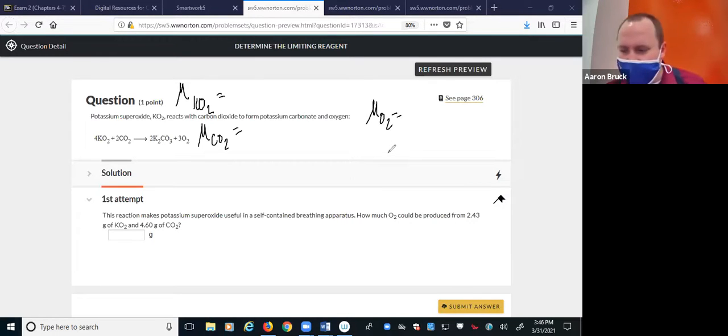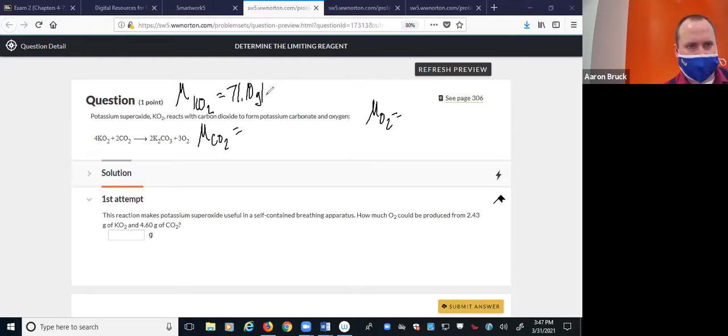For KO2, potassium is 39.1. Oxygen is 16, and there are two of them. So we've got 71.10 grams per mole.